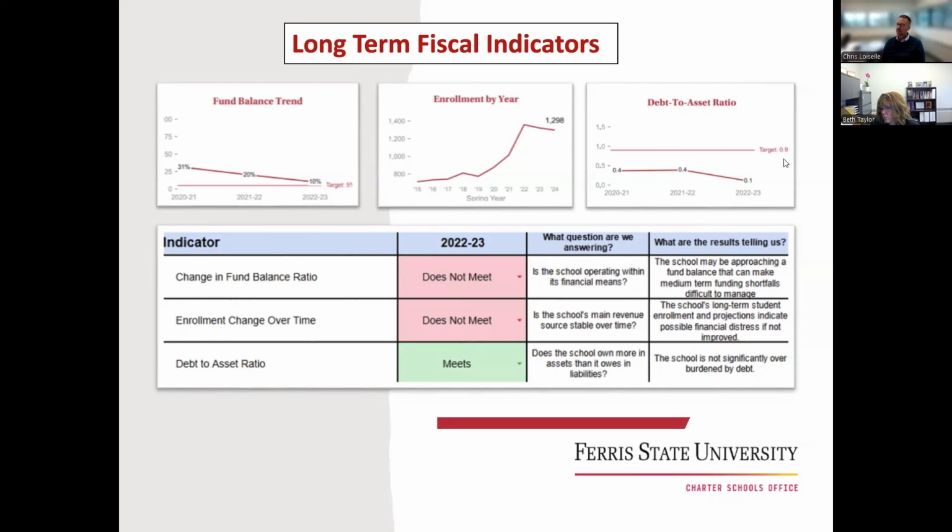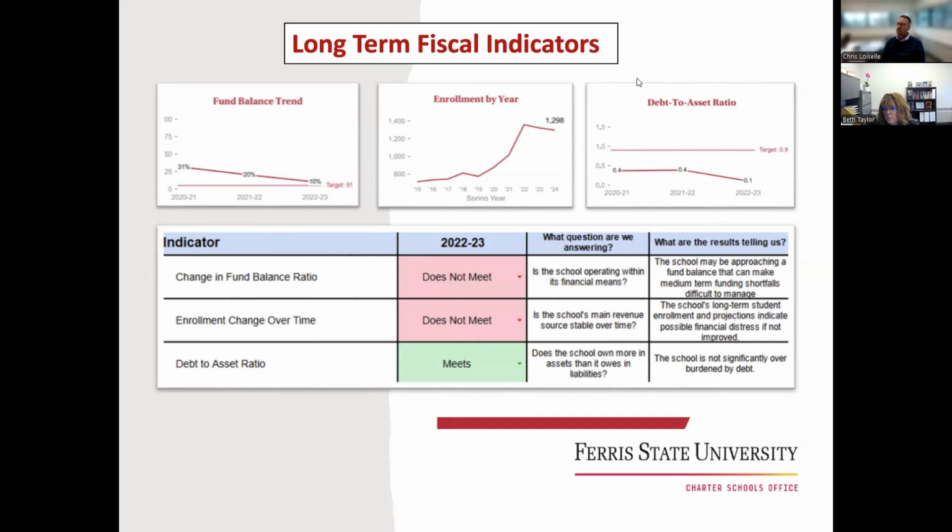Our target is 0.9. So for every $1 in assets, the maximum you can have is 90 cents in debt in order to not get to a does not meet area. This school has, for every $1 in assets, only 10 cents of debt.